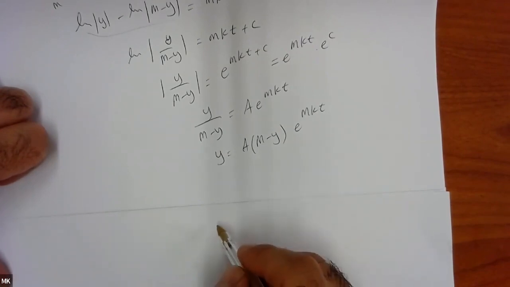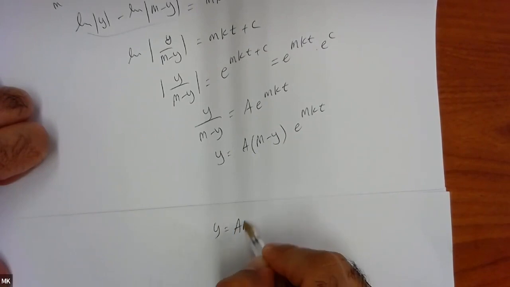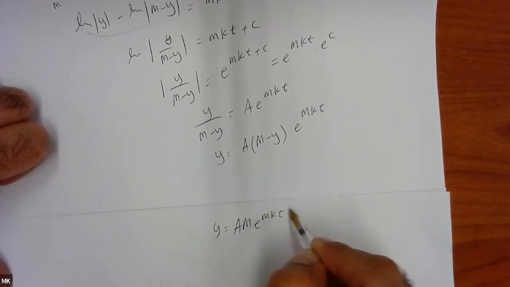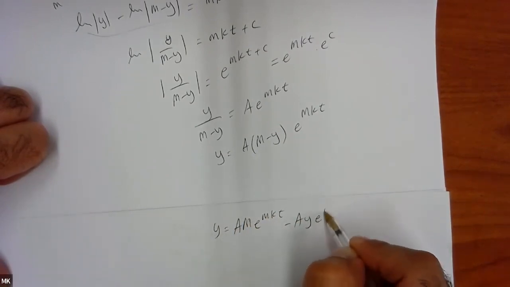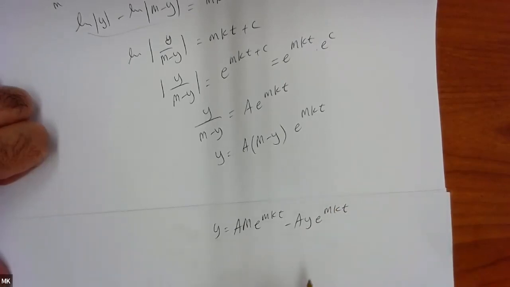And then y is equal to am e to the mkt minus ay e to the mkt. I'm just really having fun with algebra right now. Take this to the other side: y plus ay e to the mkt is am e to the mkt.